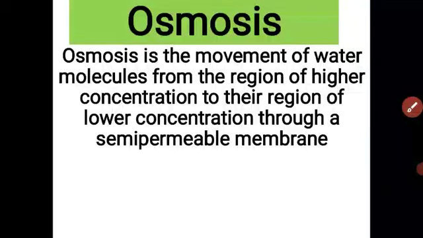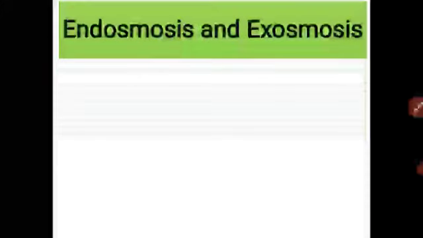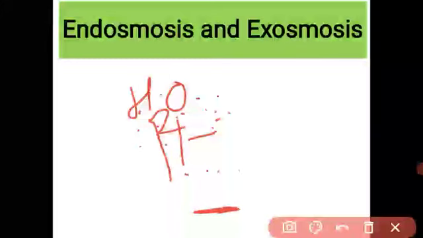There are two types of osmosis: endoosmosis and exoosmosis. Endo means inside, the movement of water molecules inward, and exo means outward.